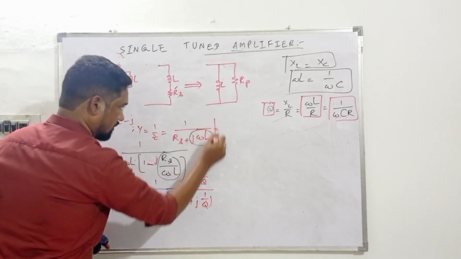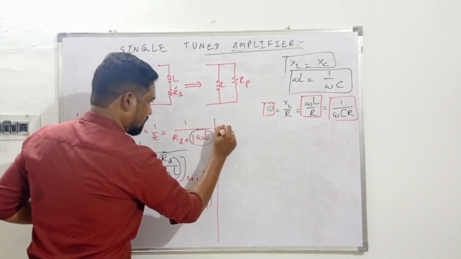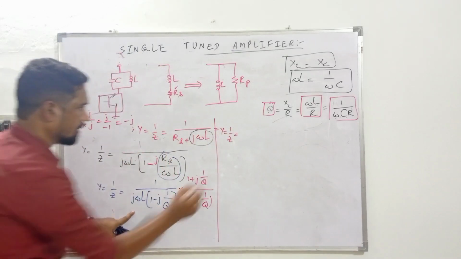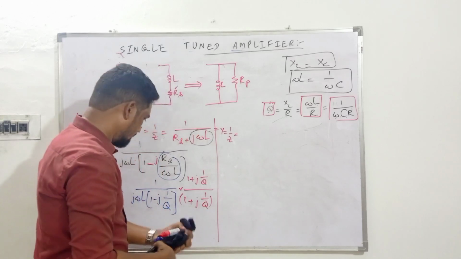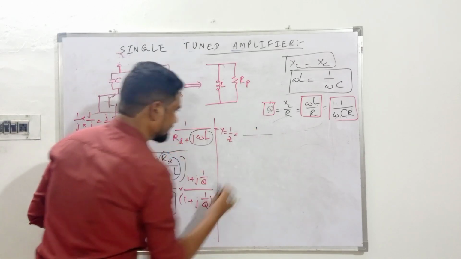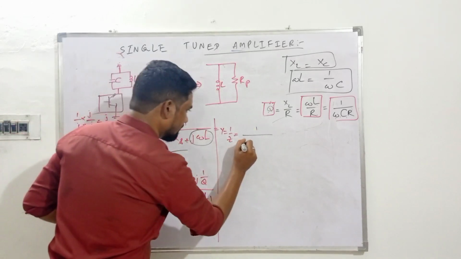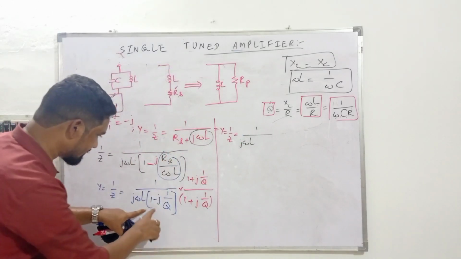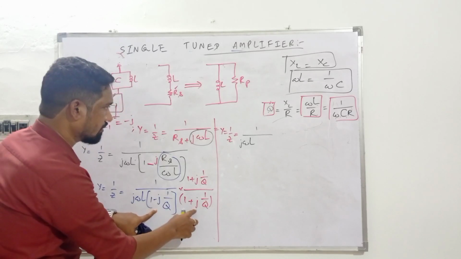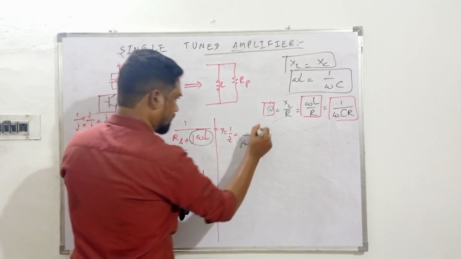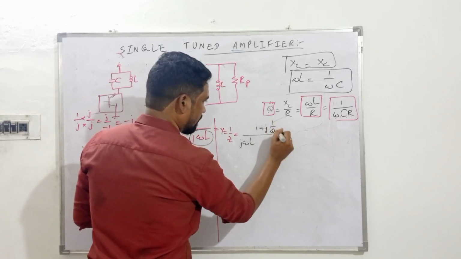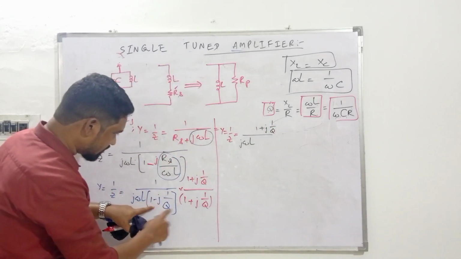So as we go ahead, y, which is equal to 1 upon z, will be equal to 1 upon j omega L as it is, times this product, which is of the form a minus b into a plus b, with the other factor, 1 plus j 1 upon Q, unchanged.